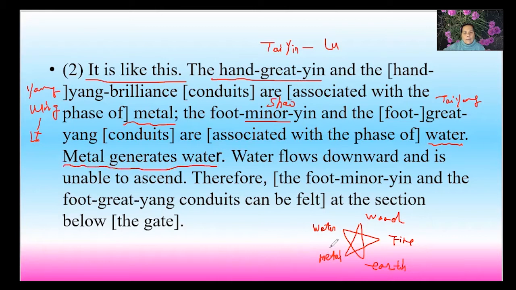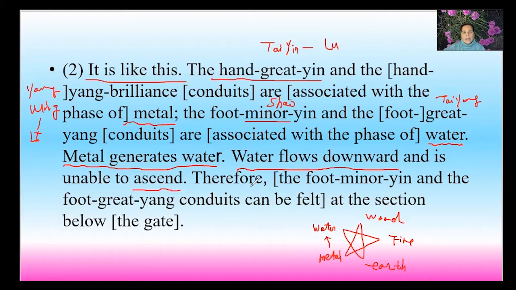So that's this circle here. When they generate water, water always flows downward and does not go upward.